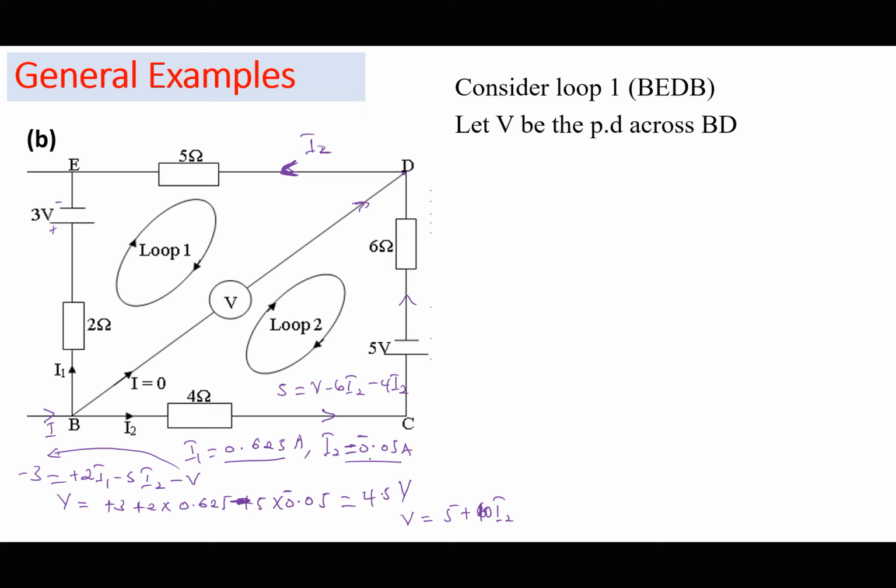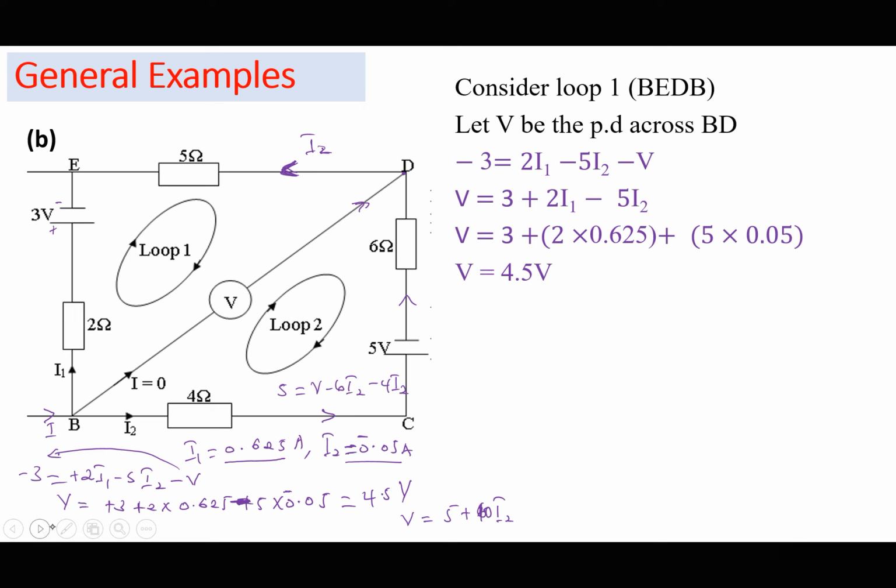Sorry, the current is 0.05, not 0.625. So I have 10 times negative 0.05, then plus 5, which gives us 4.5. Okay, so I think this is what we have just obtained.